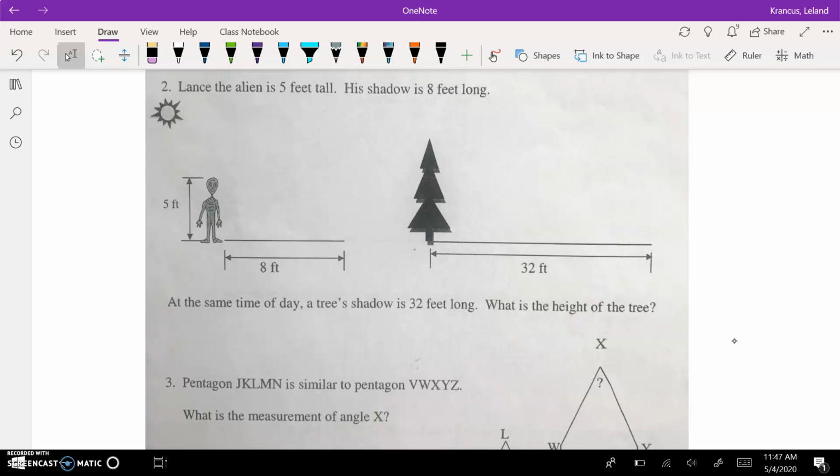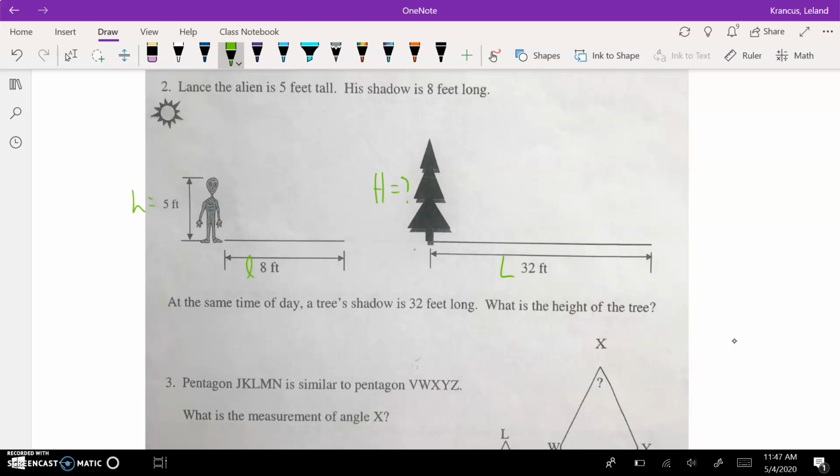And a lot of times when I do these, I think of the proportion itself as having a certain amount of symmetry. So just using another example, you have a small height and a large height, and this is the one that we don't know. And you have the small thing shadow and the large thing shadow, the lengths of those shadows.